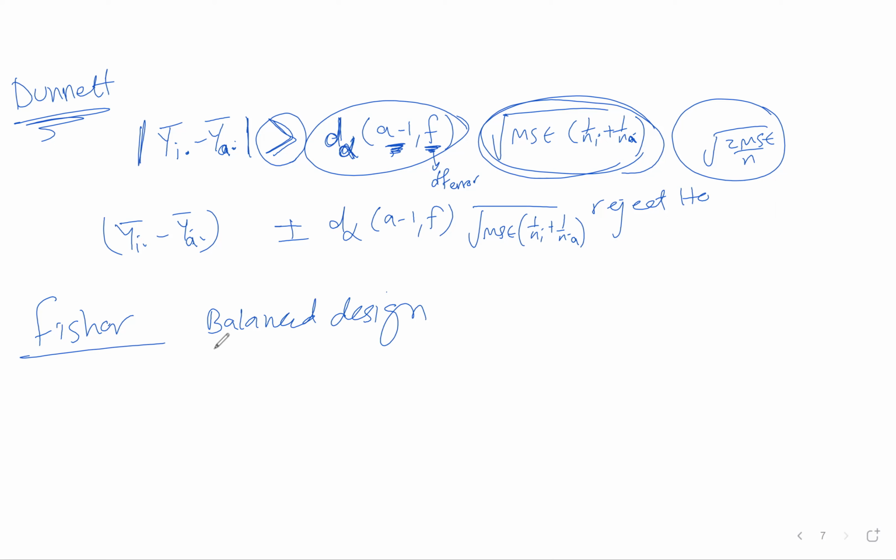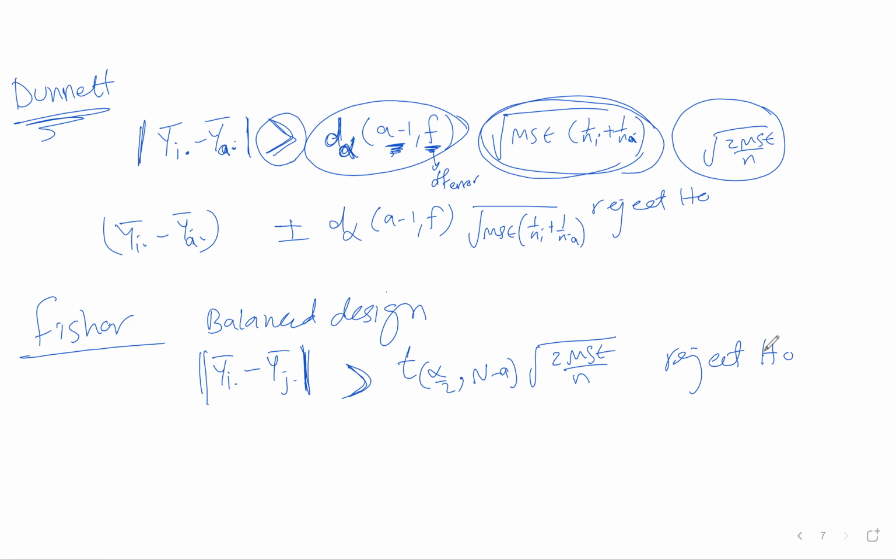And he said, I will compare yi dot bar minus yj dot bar to the t value at alpha over 2 with no modification. It is not alpha divided by tc. And big N minus A, the degree of freedom for error from the ANOVA table, times the square root of 2 MSE divided by N. If this absolute value is greater than this value, reject H0.